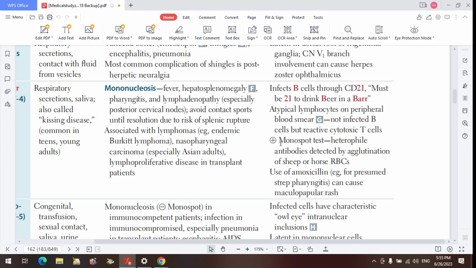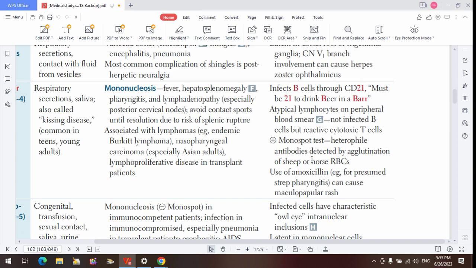Don't forget, CMV is negative for monospot. Which other infection did we say is also negative for monospot? I know that it's not easy, but do you have anybody that can remember? We said that a parasite is also negative for monospot. Anybody?